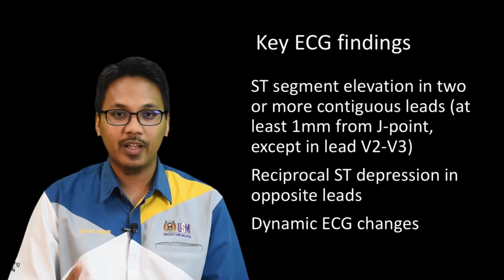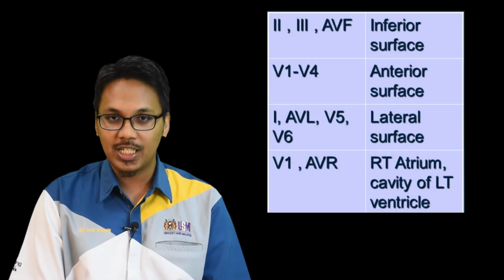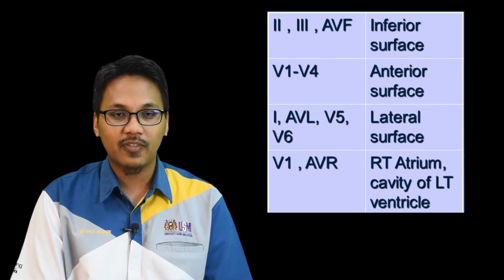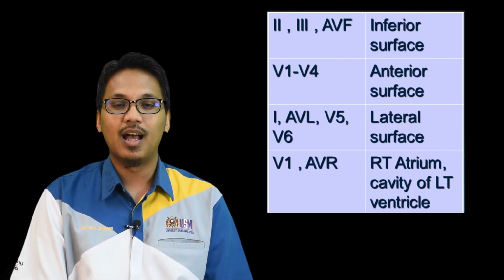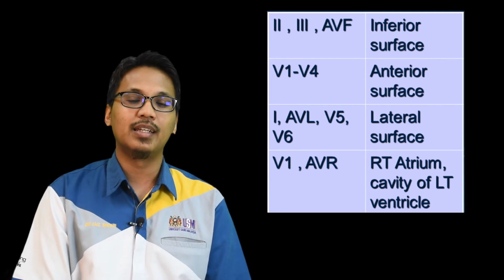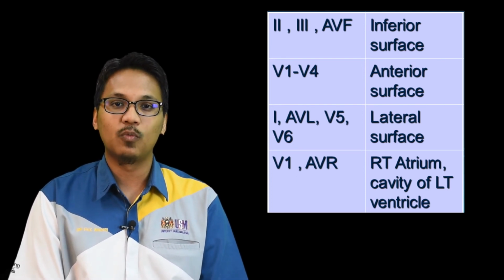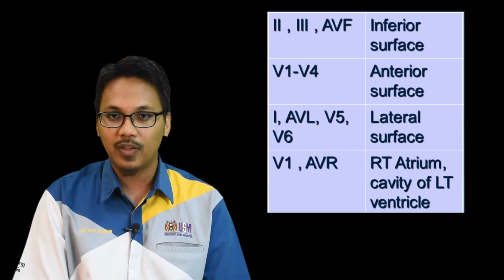So this is just a recap, okay, on what are the territories for each lead. As you can see in the slide, for inferior surface, okay, the leads are represented by lead number 2, 3, and AVF. For anterior surface, it was our lead V1 until V4.